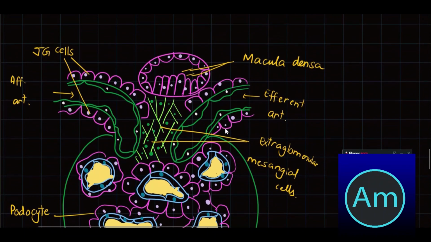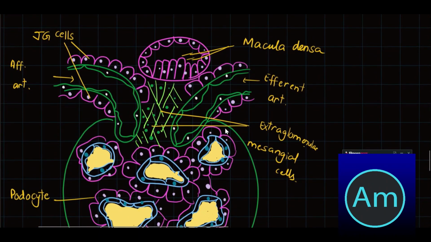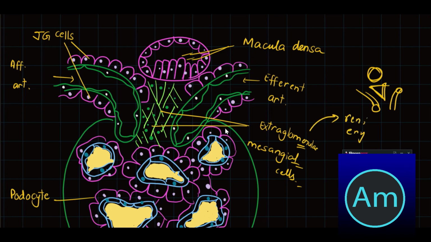So let's revise whatever we studied. These extraglomerular mesangial cells are present in a triangular space. The boundaries of this triangle are formed above by the macula densa of DCT, on the left side by the afferent arteriole, and on the right side by the efferent arteriole. These are agranular and they secrete renin and erythropoietin.